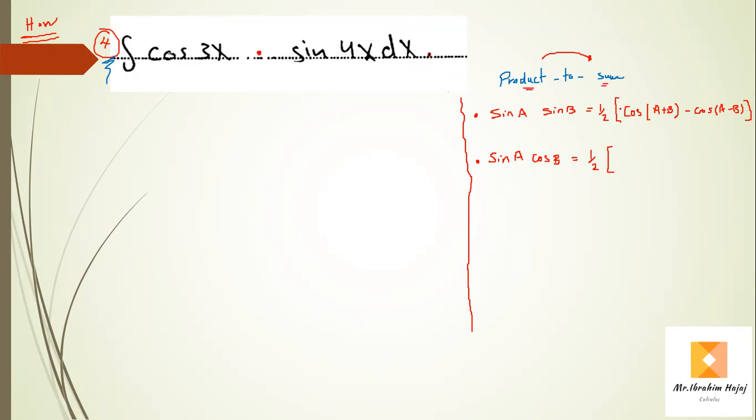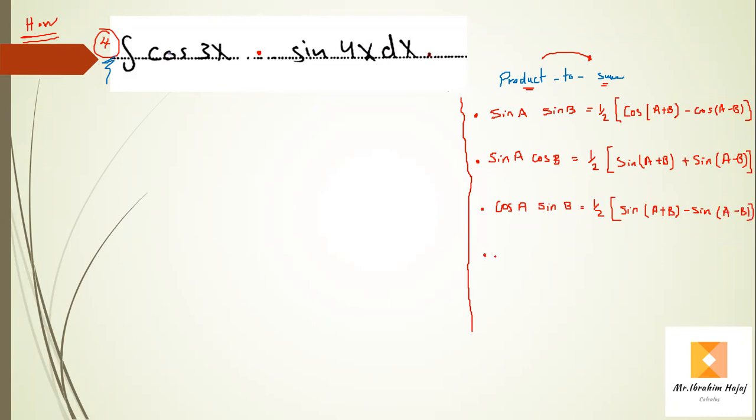You have now 1/2 when sine is first, then sine of the sum A plus B, then plus sine of the difference A minus B. Now if cosine comes first, like the question we have now, cosine of angle A and then sine B, such that A is the first angle and B is the second angle, it's half and then sine A plus B, sine the sum, plus again sine the difference, sine A minus B.